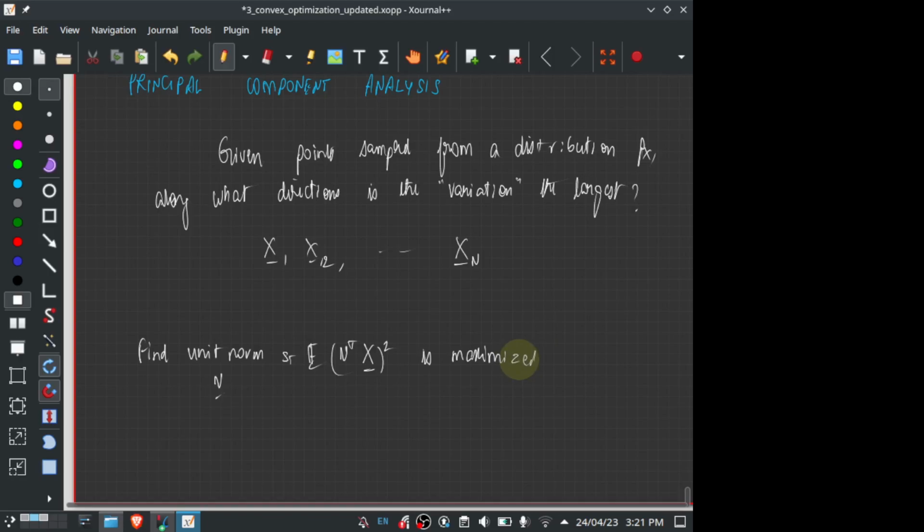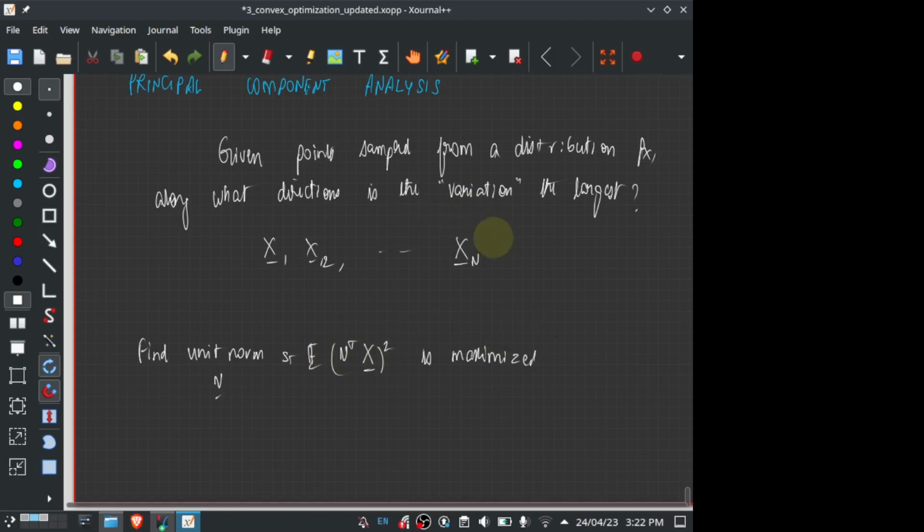So v is basically some direction, and you want to know along what direction is the inner product with x. So v transpose x is basically a random variable, just the inner product of v with x. It's the component of x in the direction of v, and expectation of this squared is just the variance.